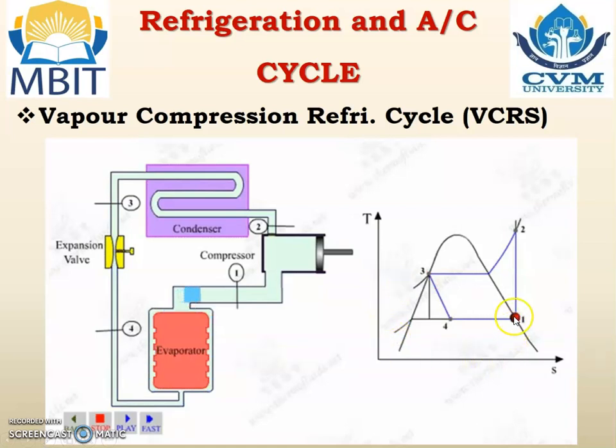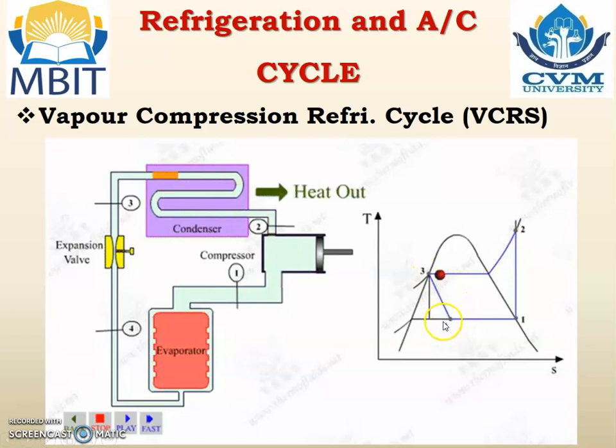So you can see here at point 1 it starts compressing and at point 2 it is totally vapor. Now it enters into the condenser where it is cooled and taken to the liquid condition. So at point number 3 it is a liquid. Then 3 to 4 is the expansion device where the pressure reduces and temperature also reduces.